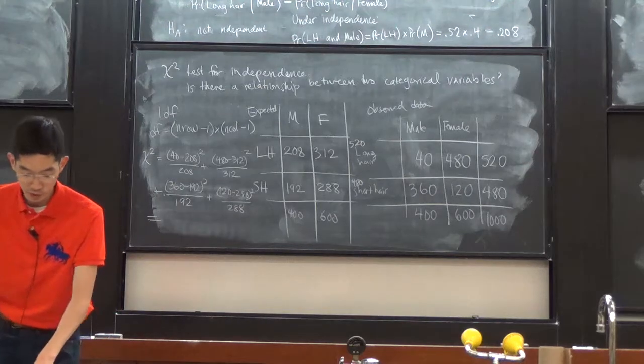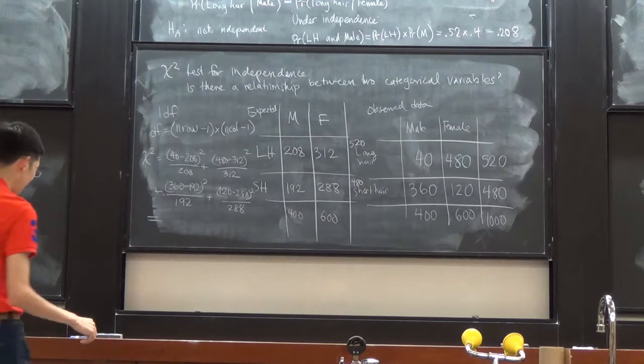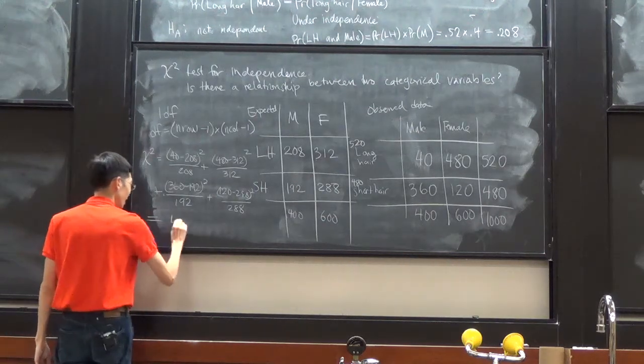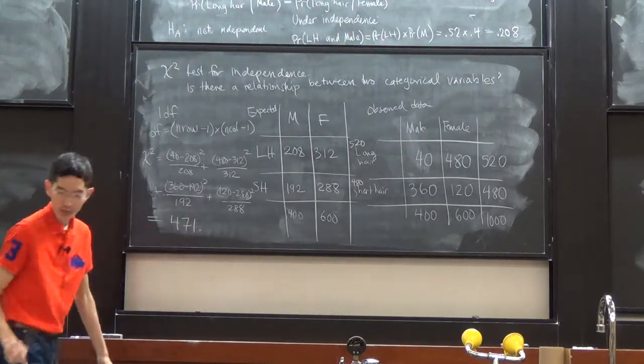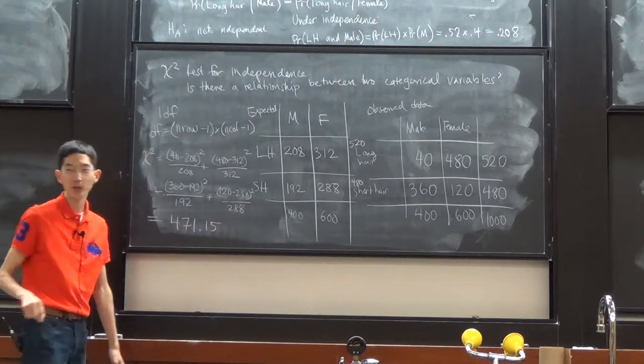And this number is going to be huge because we're squaring quite a large number. So 168 squared over that. I get a chi-squared statistic of 471, I think. 471.15. I don't know. Maybe I did my math wrong.